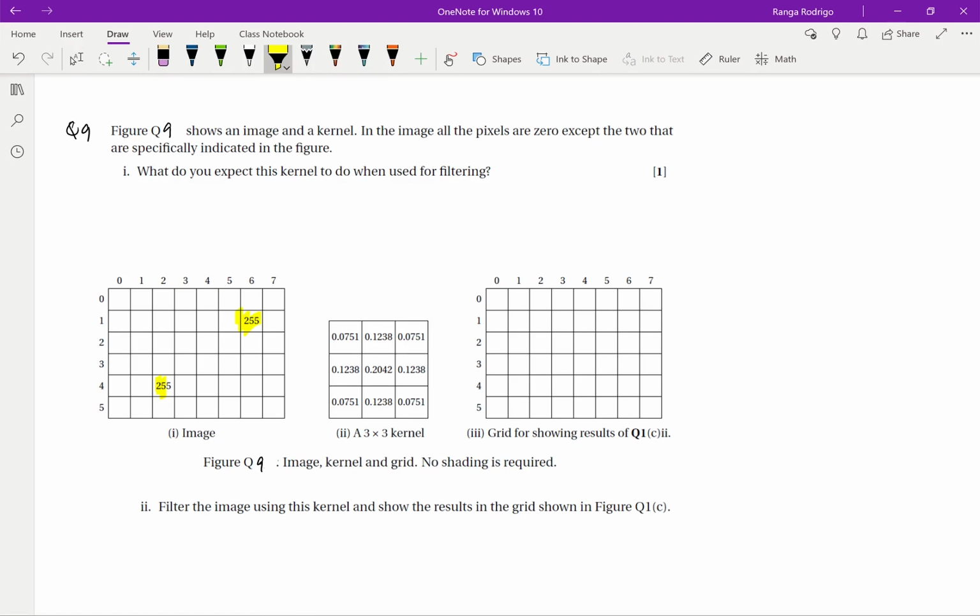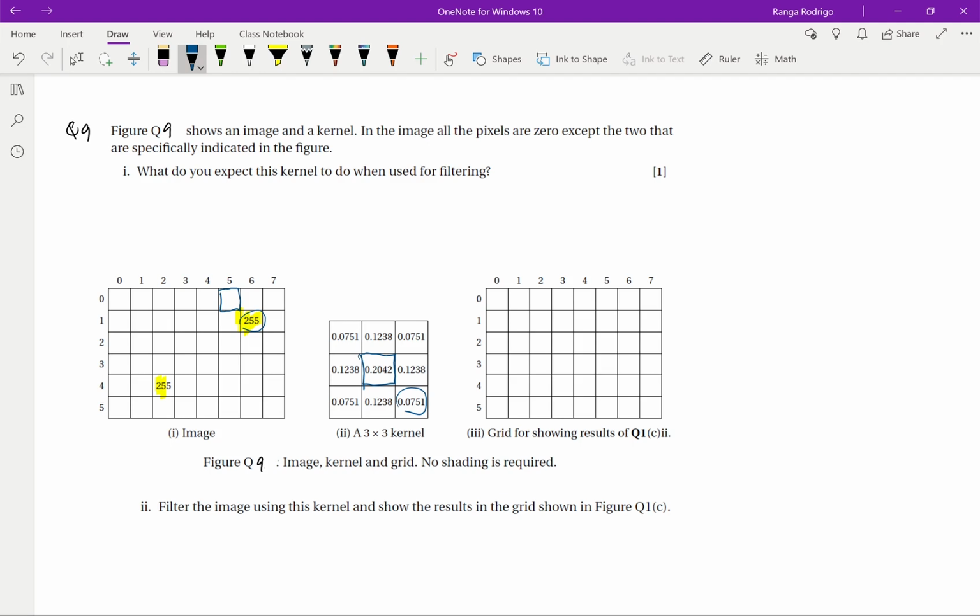So when you use this in filtering, you see when the center of the kernel is here, this number multiplies with 255. So like that, the kernel gets located at this place because the kernel is symmetric.